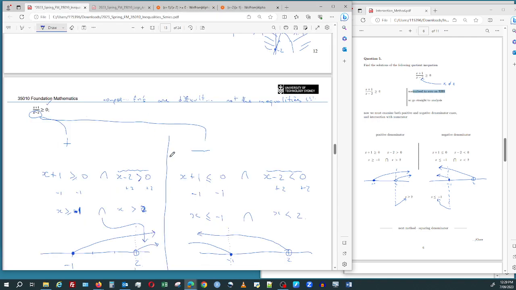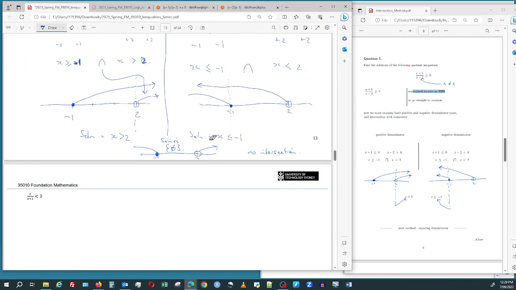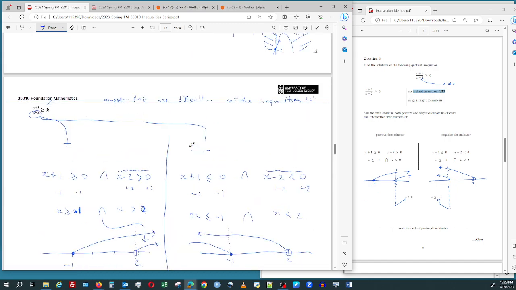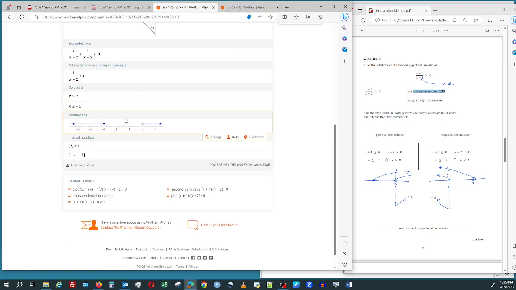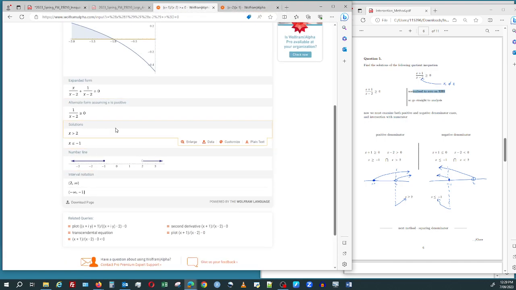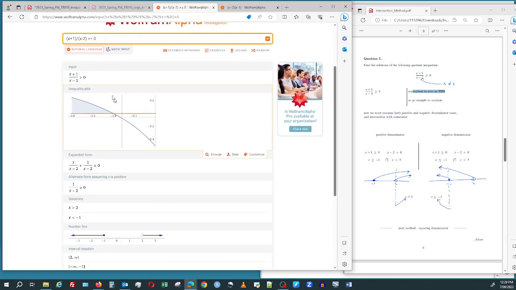All right, the solution set in terms of inequality is that there's no intersection. Certainly there's some parts of the graph which are above and below, but there are some that are not. So there's no intersection of this, okay? Or if you like, that is the answer for the positive aspects of the graph.